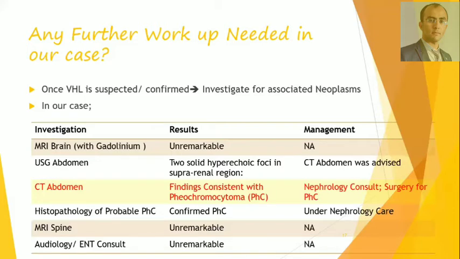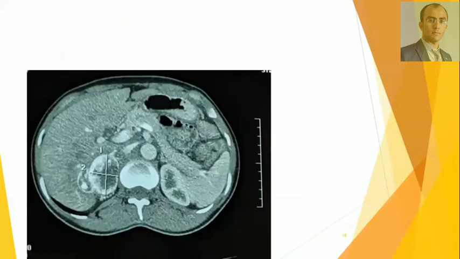We also sent the patient for audiology assessment and otolaryngology consult, which again was normal. And here you can see the image from the CT scan of the kidney, and the radiologist has marked a lesion which they believe to be the pheochromocytoma.